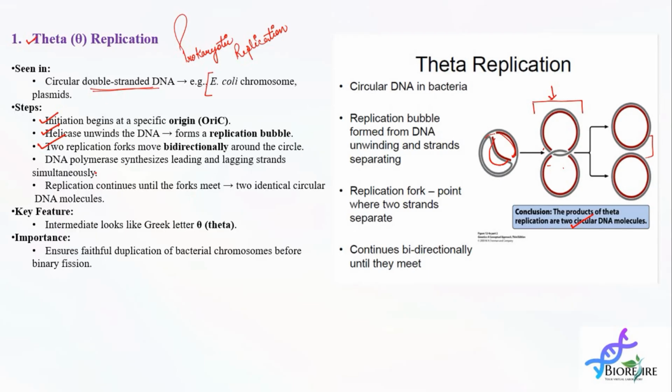We will discuss this procedure in detail in our incoming slides. A special feature is that the intermediate looks like the Greek letter theta. It ensures the faithful duplication of the DNA of the bacterial chromosome before binary fission.